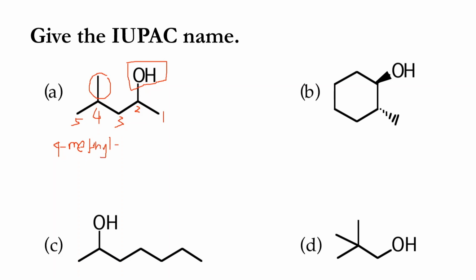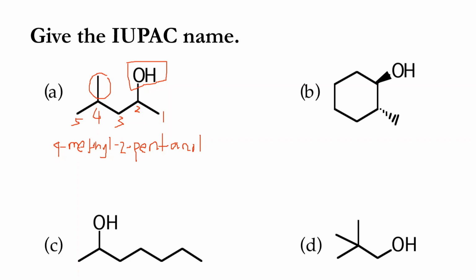So you specify the position, 2. What is a 5-carbon alkane? Pentane. So from pentane, you drop E and change it to OL to make it pentanol. So the complete IUPAC name for this alcohol is 4-methyl-2-pentanol. Got that? Okay, another one.